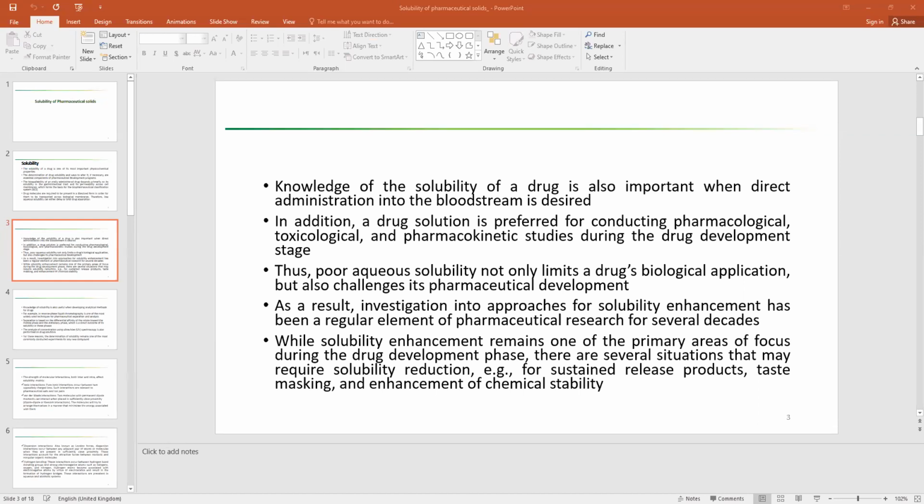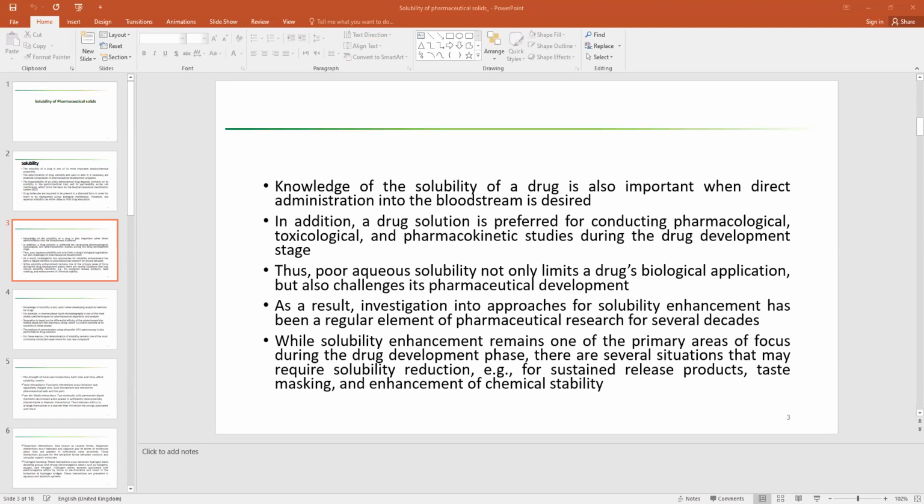So, in order to understand how these pharmacological, toxicological and pharmacokinetic studies are investigated, we should understand that poor aqueous solubility will limit the drug's biological application and also put some challenges on pharmaceutical development. How could you detect the toxicity if the toxicity kit requires the drug to be in its soluble form?